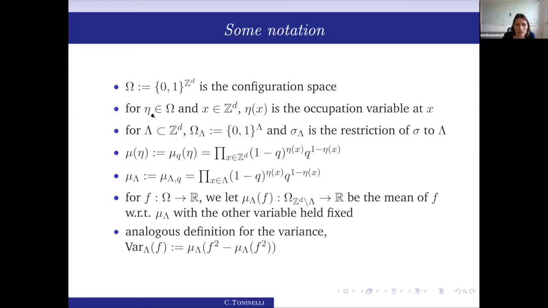And given a configuration, for a given site, I call eta_x the occupation variable at the site. The same notation, but with the lambda index, means that I'm restricting everything to a volume lambda. As I said already, I will indicate with mu the product measure with density 1 minus q.